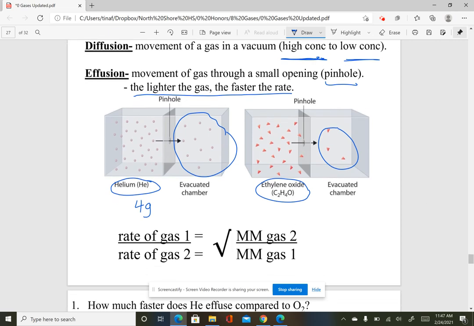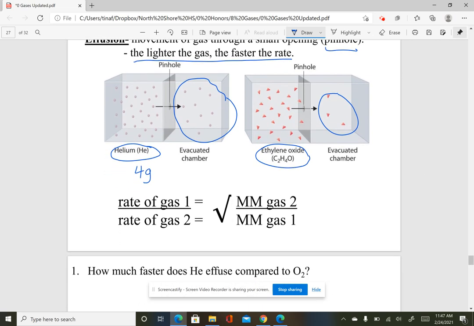So we can actually calculate these rates. In this formula, I like to always make the lighter gas, gas 1, and I'm talking about masses on the periodic table, guys, and I like to make the heavy gas, gas 2. I'm using a different stylus and it's awful.